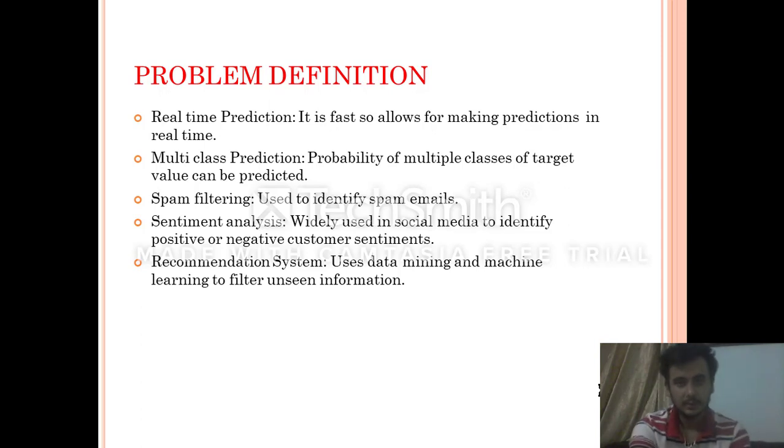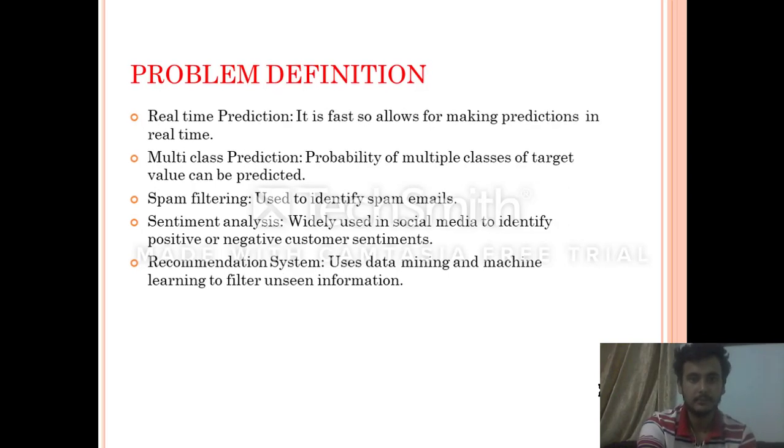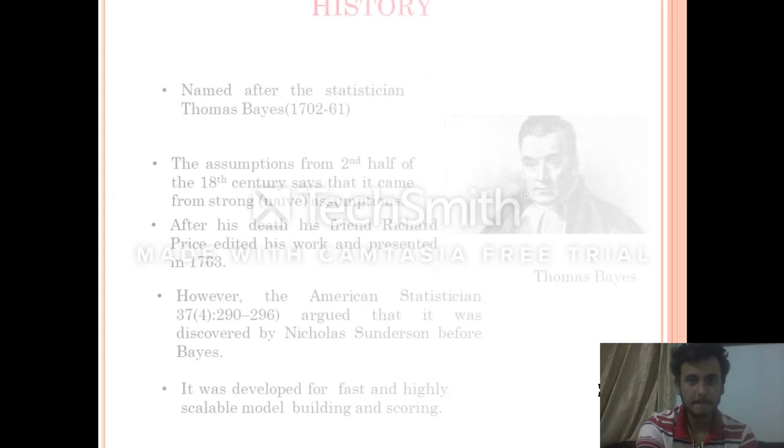Naive Bayes algorithm uses data mining and machine learning to filter unseen information. Data mining is a technique which is used to identify different patterns in multiple data sets, and it has been widely used in machine learning.